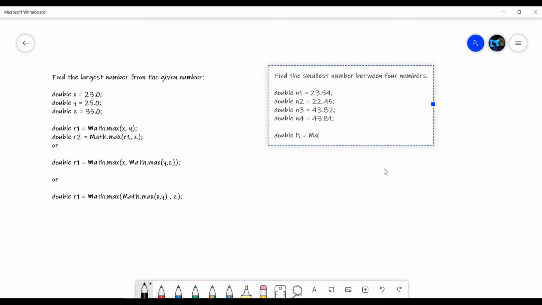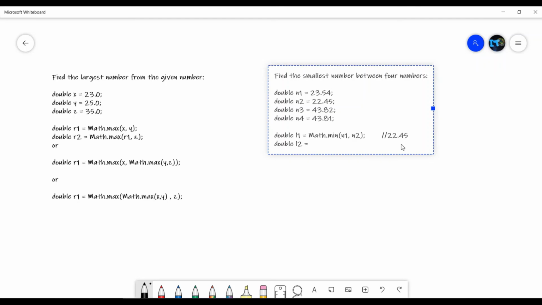So here Math.min of n1 comma n2. In this way you will get the smallest value between your n1 and n2. What is the smallest value of n1 and n2? That is 22.45.